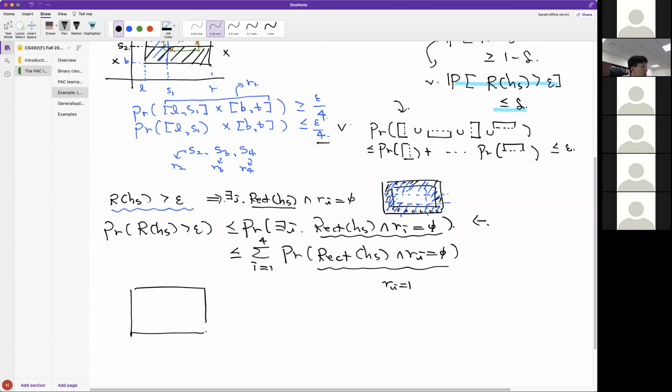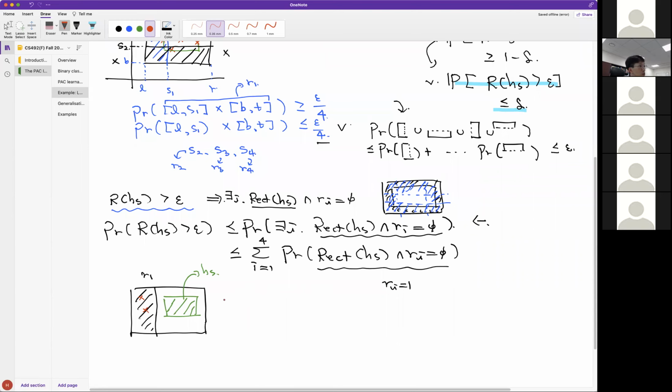So we have situations where this region is R1. Then this rectangle that we covered here is HS. So in order for this to happen with m examples, that means we shouldn't have any examples in this region. Because if we have any example in this region, the rectangle that we computed will intrude into this rectangle R1.